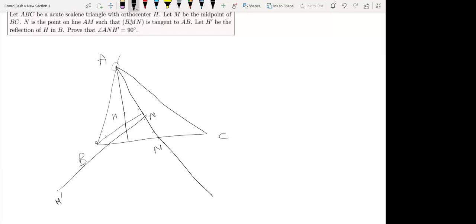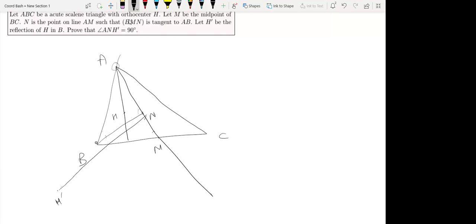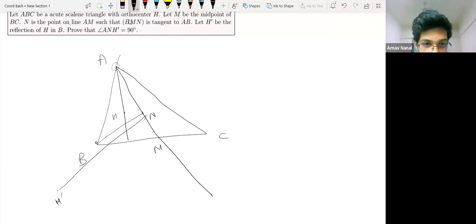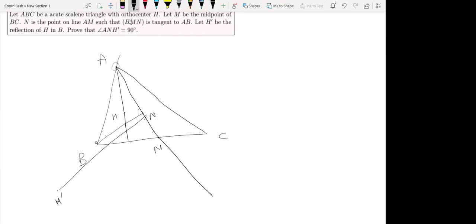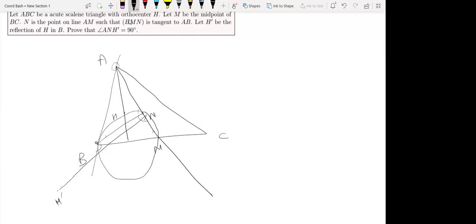ANB is 180 minus BNM, and BNM is tangent to AM, AB. So BNM is equal to 180 minus ABN. No, it's 180 minus ABM. It's like this circle, so this angle would be this angle. Yes, right.